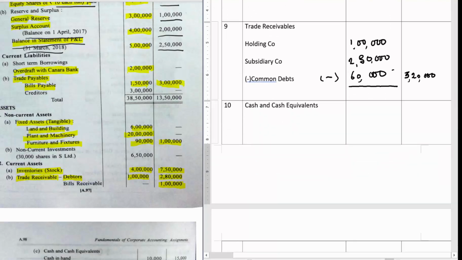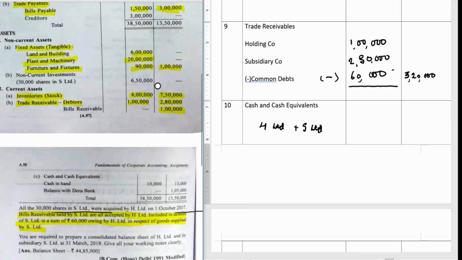Cash and cash equivalents, we would be adding for H Limited and S Limited, which is 10,000 and 15,000. It makes it 25,000 in all. Cash at bank is given to us as 1,05,000, which would also be added.